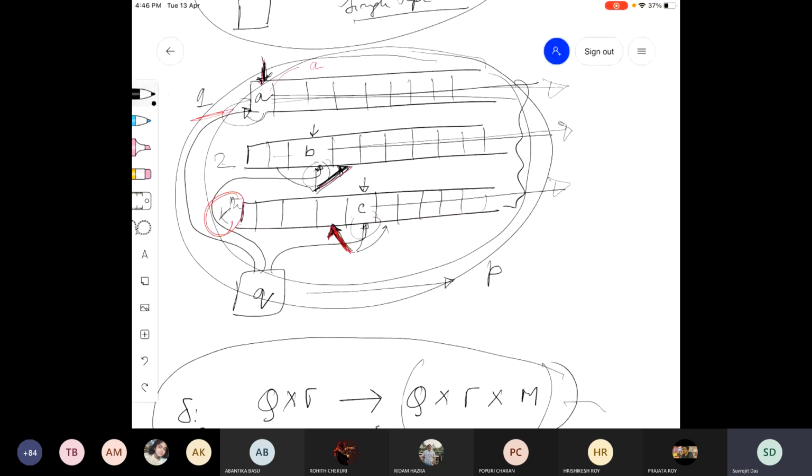Then for the first step, you decided to remain stationary, and you also decided to change that symbol to B. Similarly, you change this symbol to C, and you change this symbol to A, and for the second step you decide to move right, and for the third step you decide to move left.